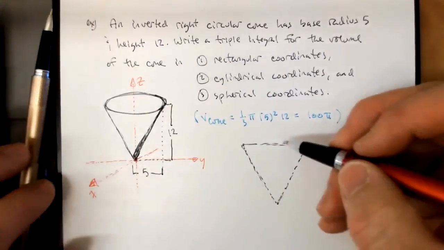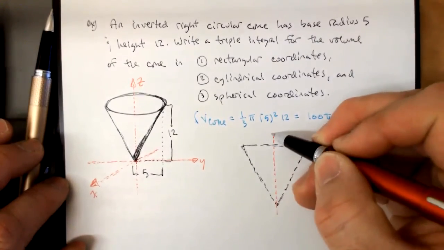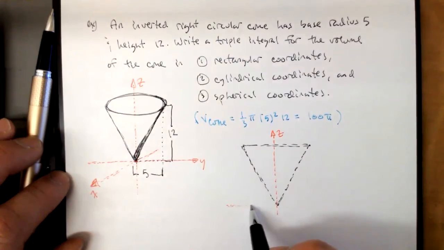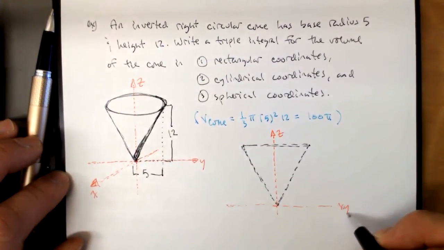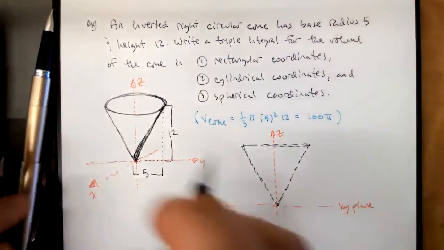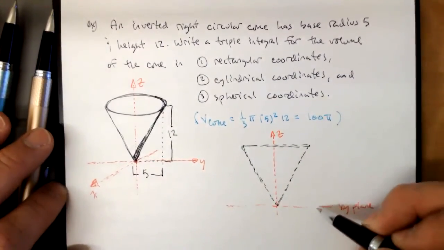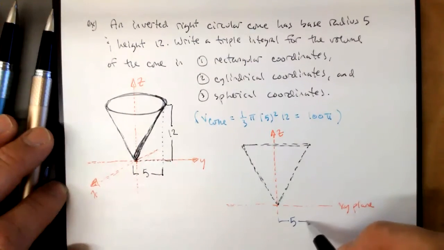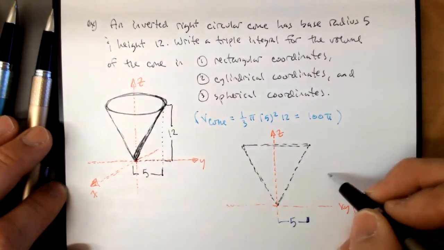from the side view, I still have the z-axis going up through the middle. I have just the entire xy plane down here. And all the way around, we still have the base radius of 5, and a height of 12.